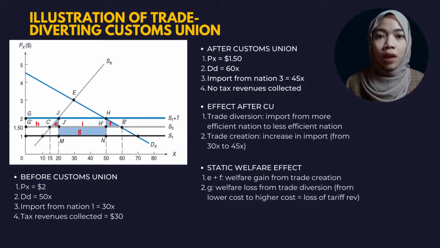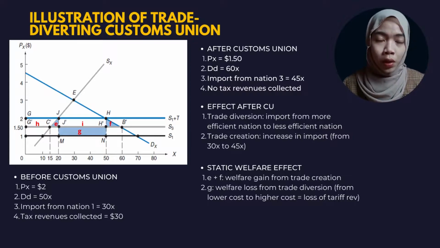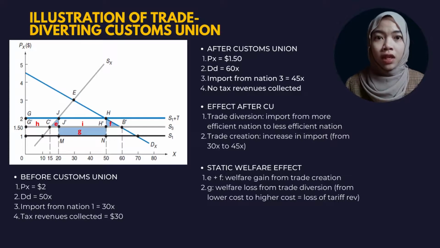$15, the welfare loss from diverting the initial 30X of imports from lower cost Nation 1 to higher cost Nation 3. Other than that, there is the gain in consumer surplus of areas H, E, I, and F resulting from the formation of the customs union. Area H represents a transfer from producer to consumer surplus in Nation 2.